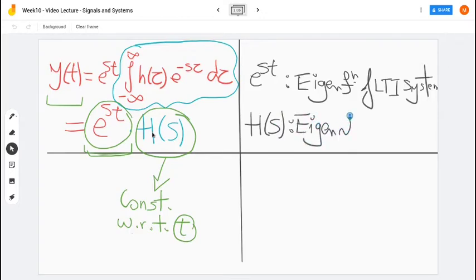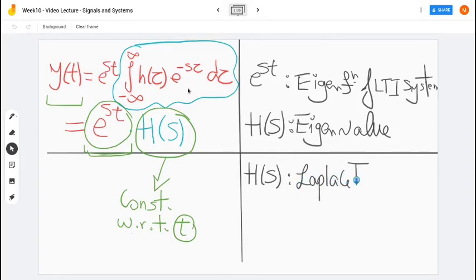The corresponding eigenvalue. And also H(s), as we're going to see in a few seconds, which is the integration from minus infinity to positive infinity of h(τ) e^(-sτ) dτ, is basically the Laplace transform of h(t), and h(t) is the impulse response of the system.